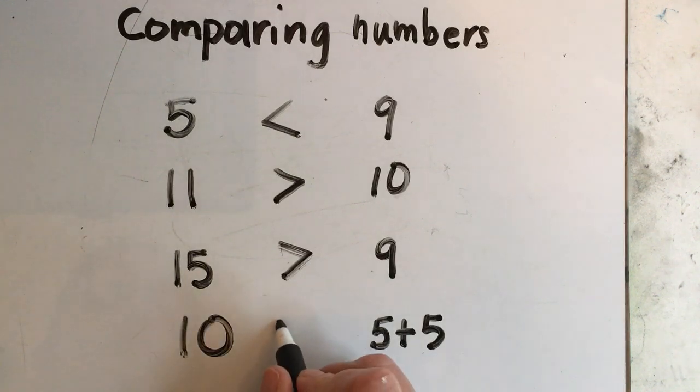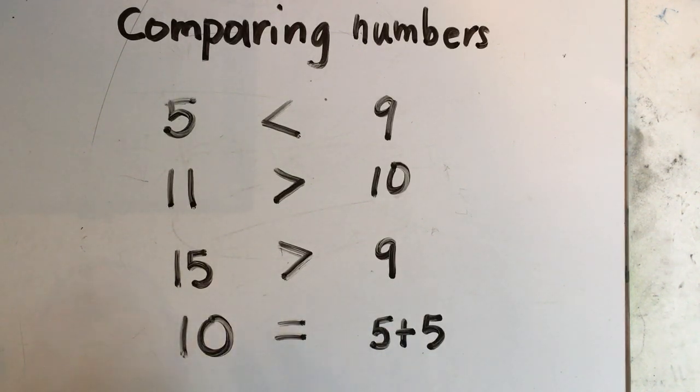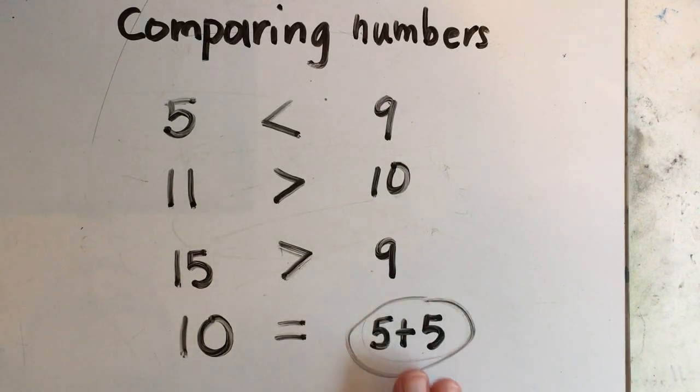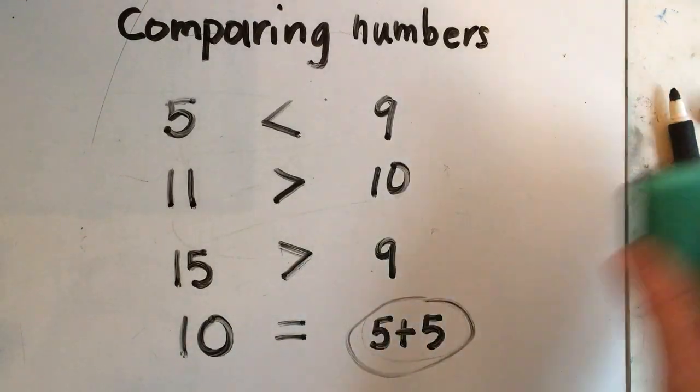Of course, it would be an equal sign. 10 is equal to 5 plus 5. Because when I look over here, I know 5 plus 5 is 10. So on this side of the equation, I've got 10. On this side of the equation, I've got 10. So I know I need to show that with an equal mark in the middle. Excellent.